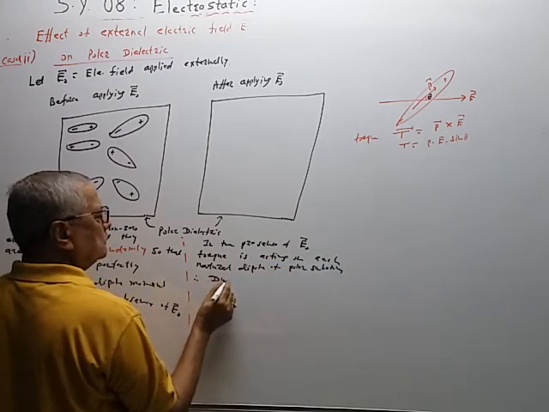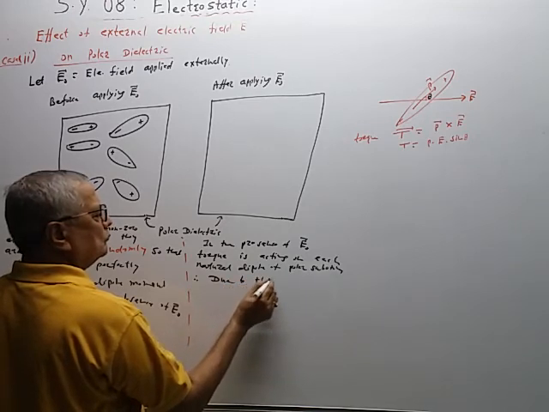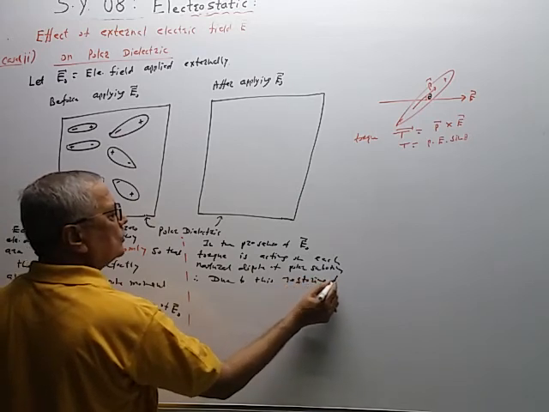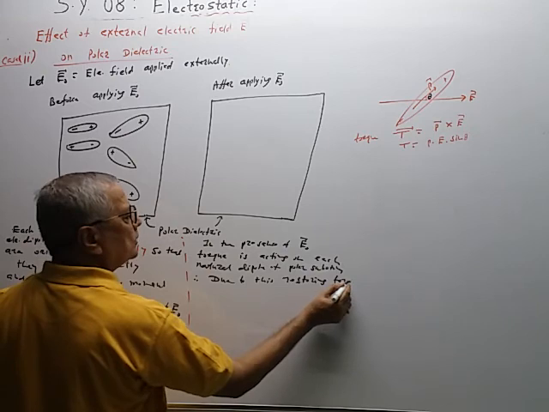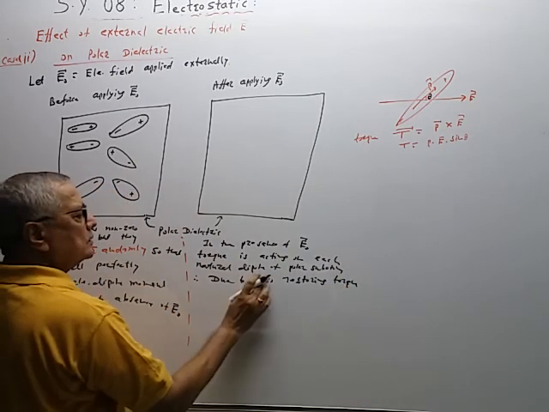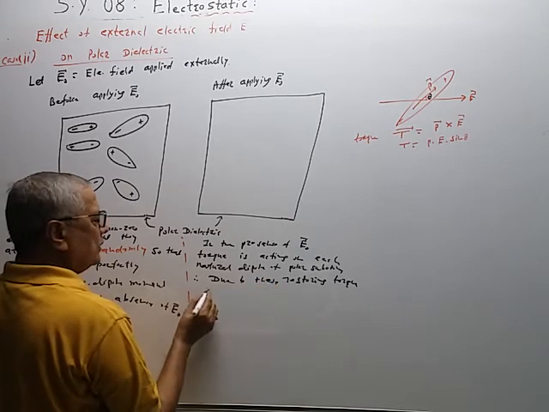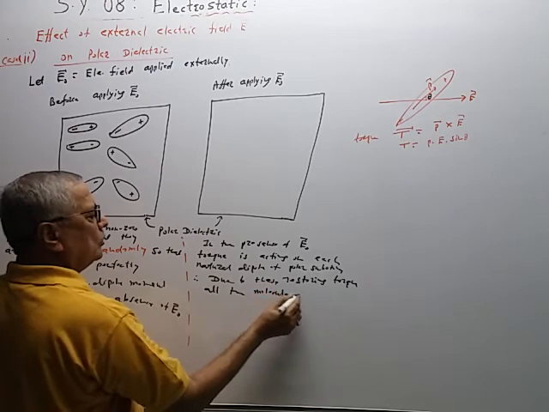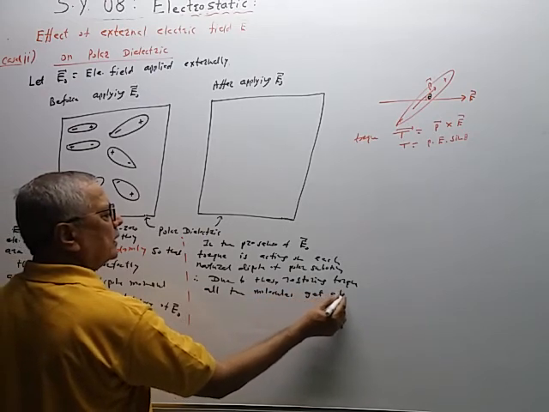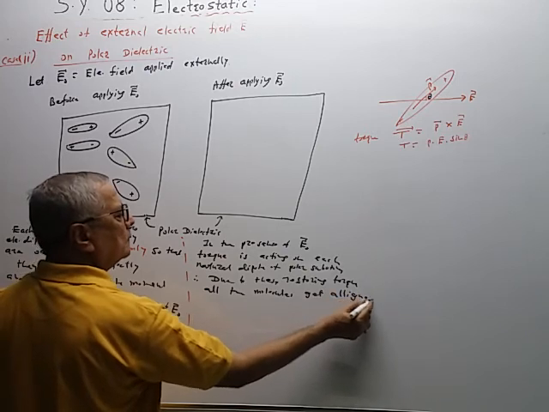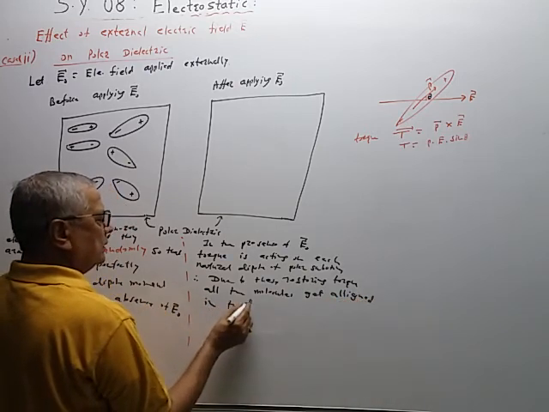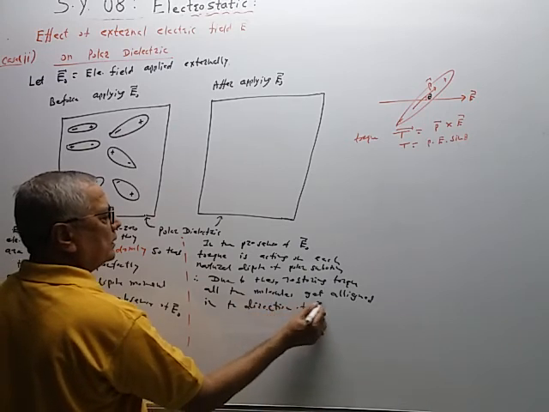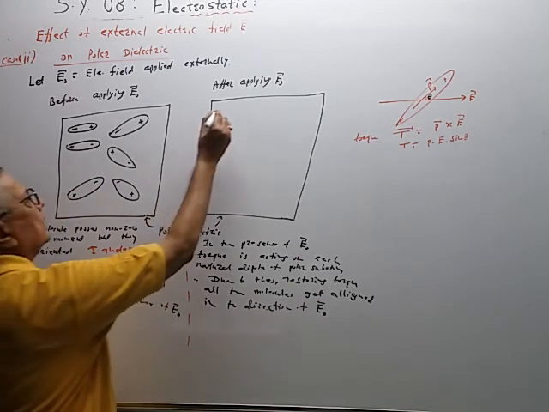Due to this restoring torque, this is also called a restoring torque because it tries to restore its original position. Due to these restoring torques, all the molecules get aligned in the direction of external electric field E_0.